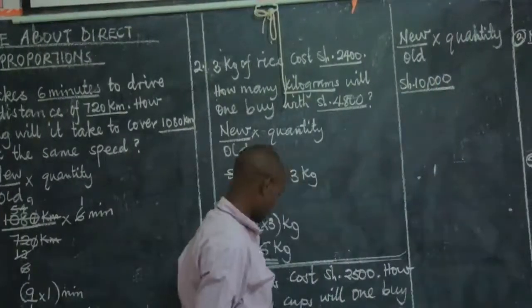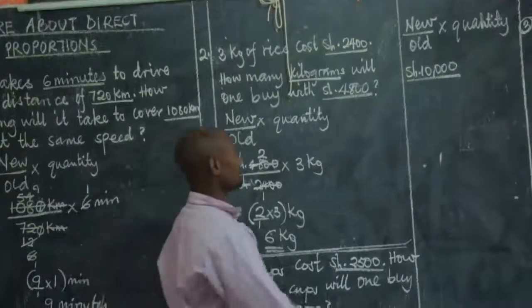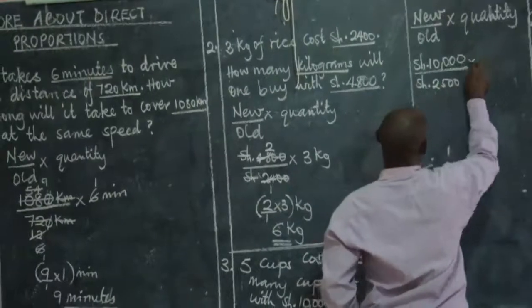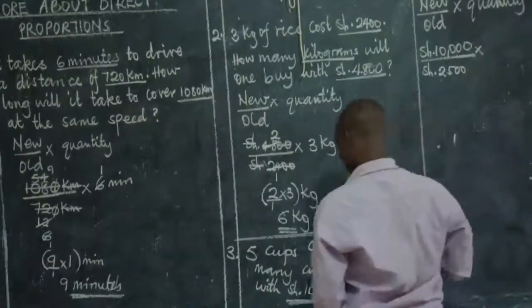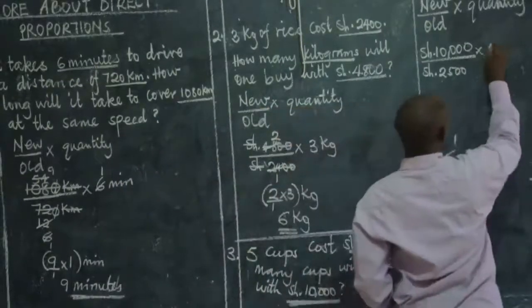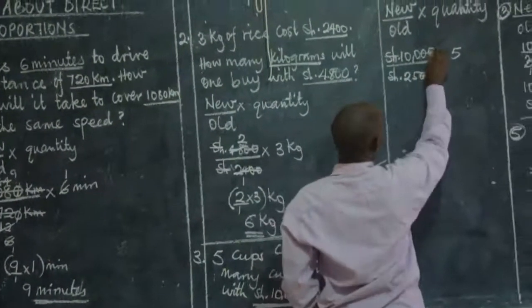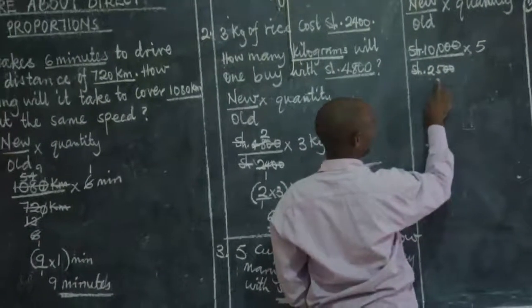Out of old. Okay? Old is 2,500. Then times the given quantity, which is 5 cups. So this will go with that. We cancel these 2 zeros. So I have remained with 100 out of 25 times 5.